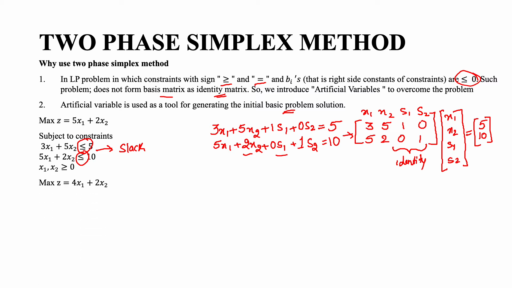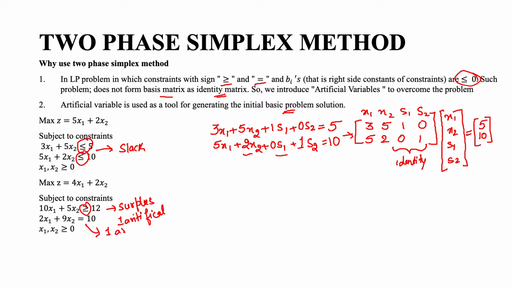Similarly, if I take another problem where we have to maximize our objective function with constraints in the form of greater than or equal to and equal to, then for greater than or equal to I have to add a surplus variable and one artificial variable, and in the equal to case I have to add one artificial variable.